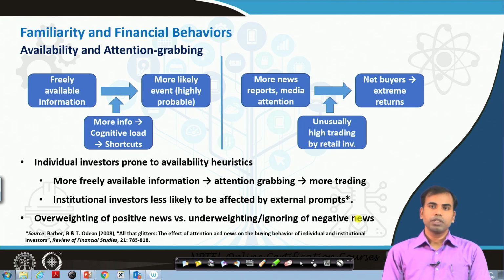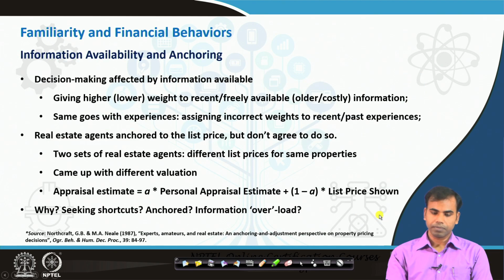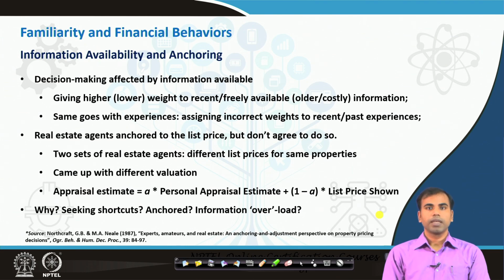Taking the discussion further to explain how availability bias might affect people's choices, let us try to understand this with the help of an empirical experiment. We have already touched upon the idea that people tend to overweight the information which they can easily access and underweight the information that comes with cost in terms of resources or time.